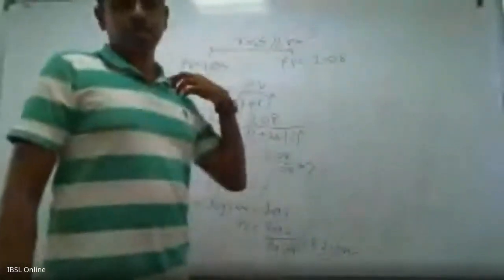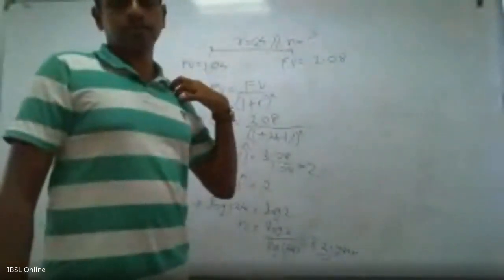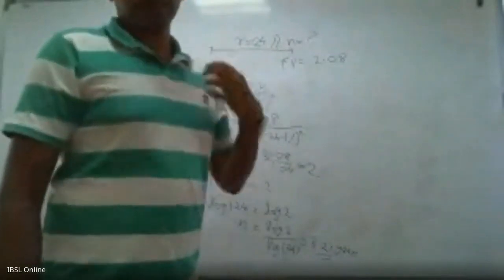Any questions? Question number 4. What is the present value of a perpetuity that pays $1,000 per year beginning 1 year from now, if the appropriate interest rate is 5%?